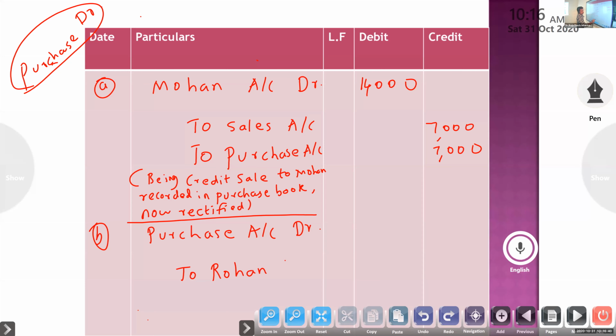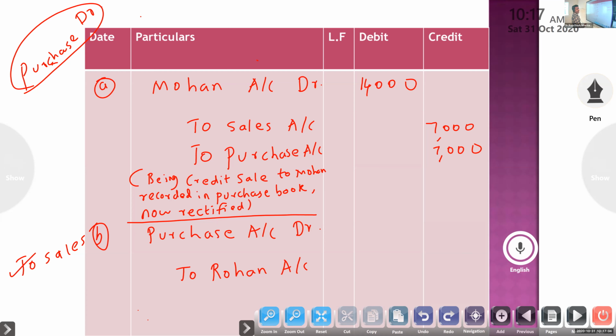Then we have to look, it is recorded in the sales. So we know that sale is debit or credit, Aparna? Sale is debit or credit? The credit. Yes, it is credit. So to rectify this error, what do we have to do, Aparna?